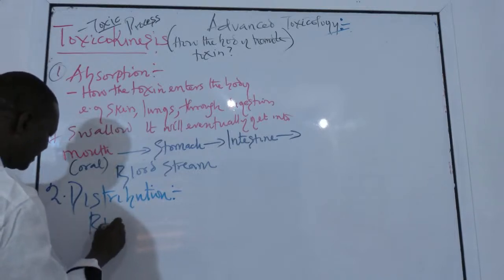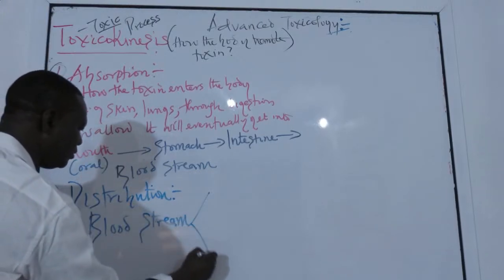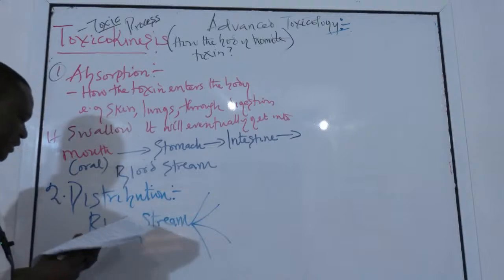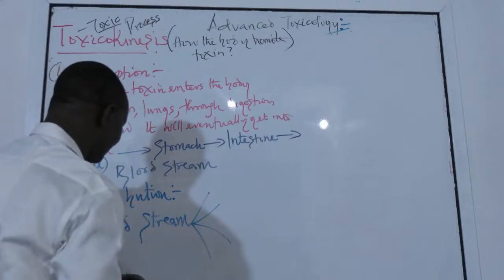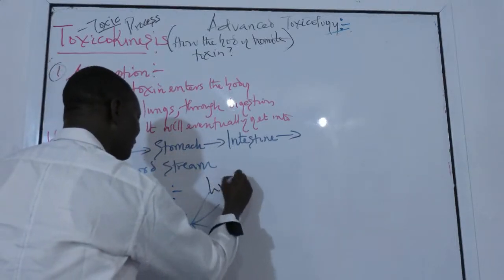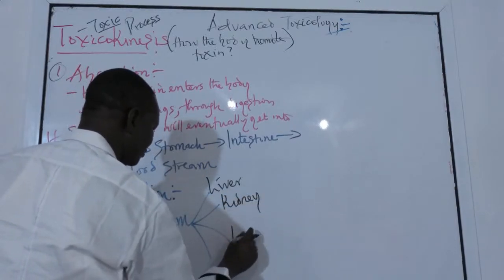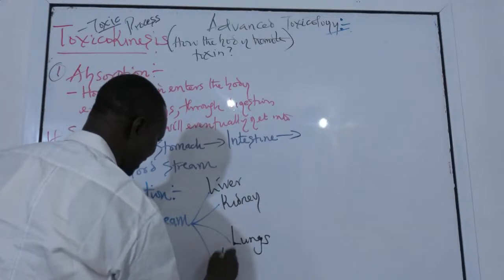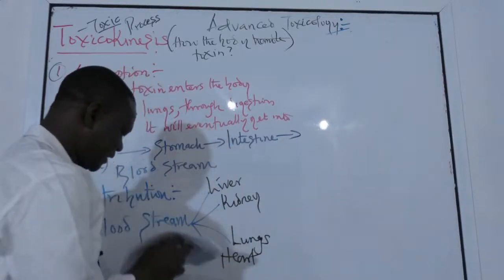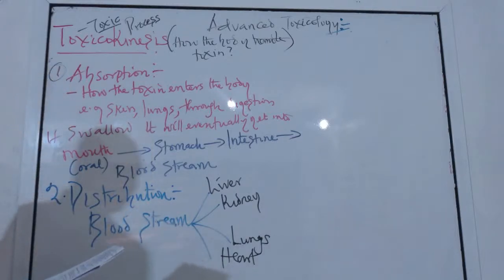It has gotten to the bloodstream, and from the bloodstream it will now spread into various organs: the liver, the kidney, the lungs, the heart. All these are part of the routes, depending on the target. That is what is called distribution.